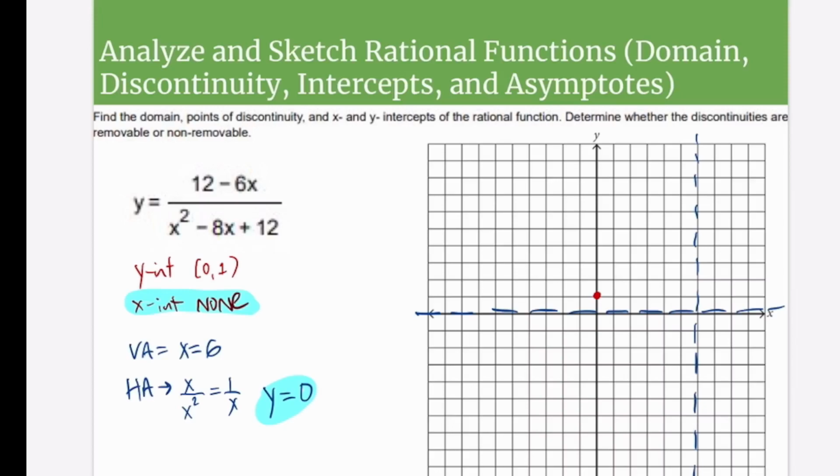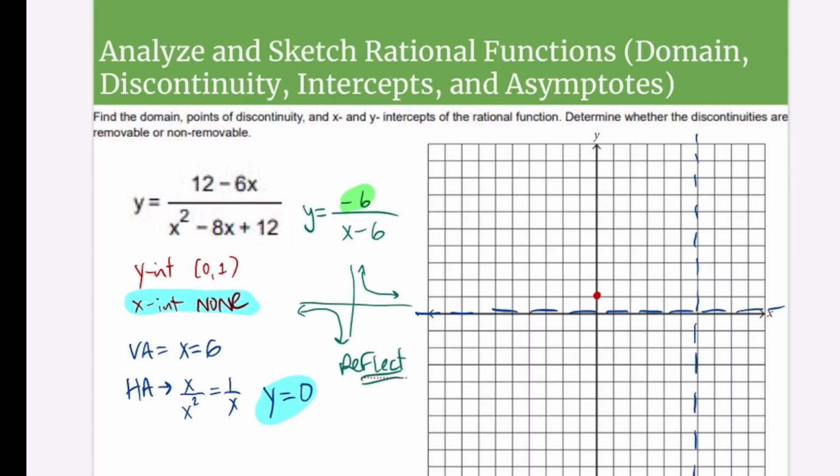So our simplified equation was y equals negative 6 divided by x minus 6. So our typical rational functions would go in the top right and bottom left. Because this has a negative integer, it means this is going to be reflected.